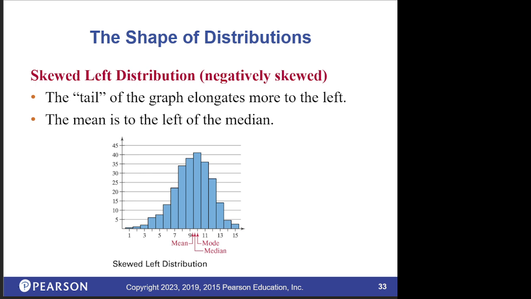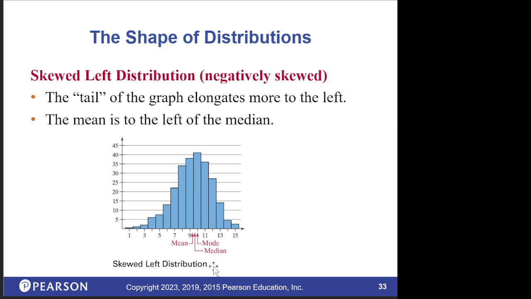Skewed left talks about the tail of the graph. And if the data has a tail or an elongation out to the left, we're going to say it's skewed to the left. It bulks up on the right. And what happens is the skewing pulls the mean to the left, and the median stays in the middle, while the mode gets pulled to the right.